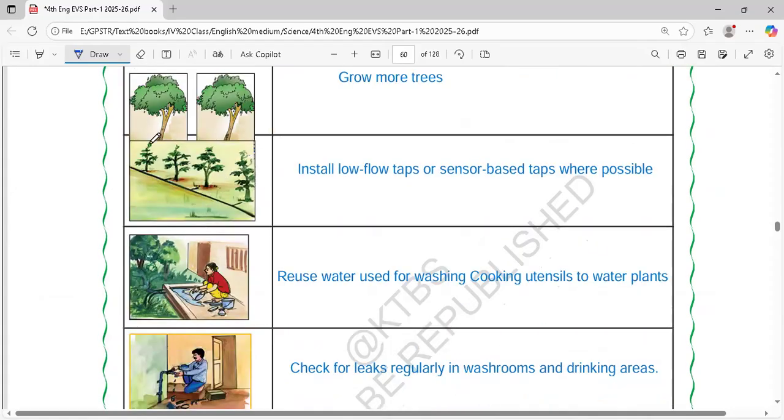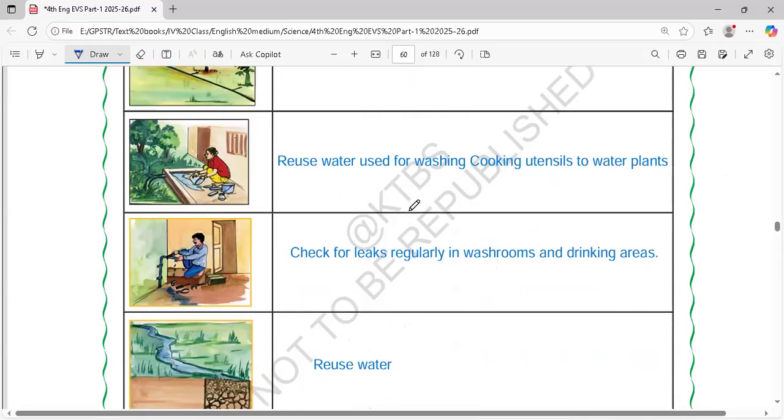Next, this picture indicates install low flow taps or sensor based taps where possible. Here they have installed low flow taps. Next, reuse water used for washing cooking utensils to water plants. See, she is washing cooking utensils.